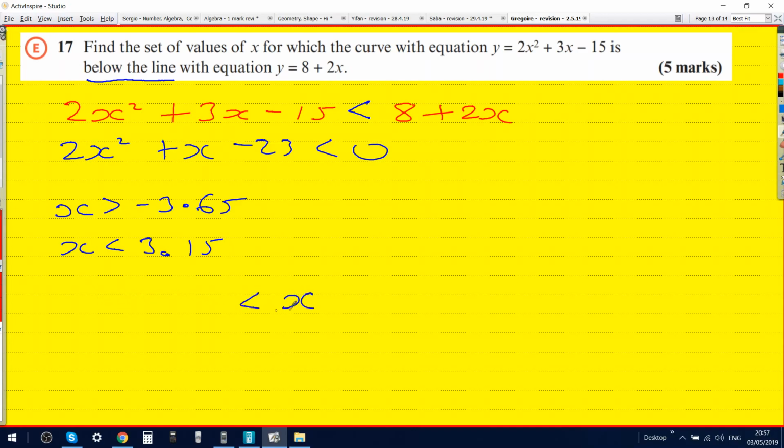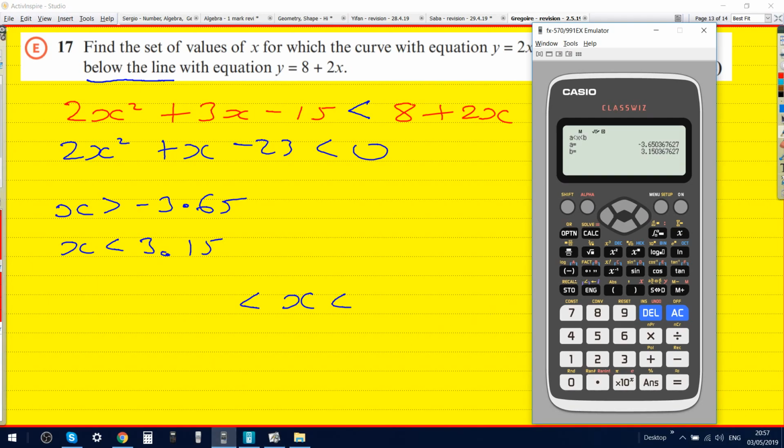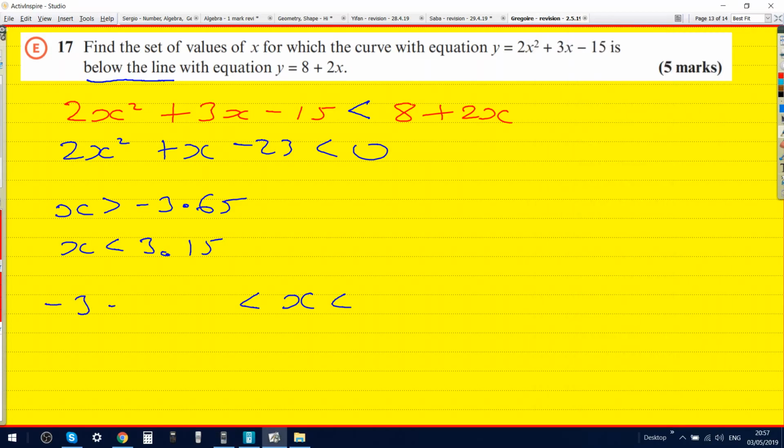So x is between those two. Find the set of values of x, and that's what we were looking for. Any questions there?